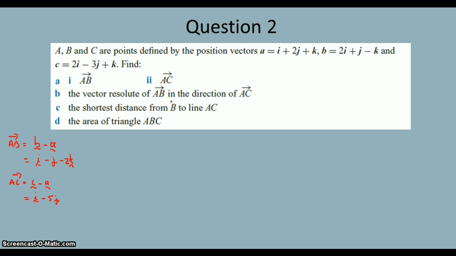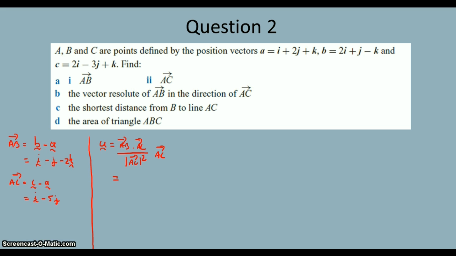For part B, we need the resolute of AB in the direction of AC. So I'm going to label that vector U. So vector U is equal to, using our formula, AB dot AC over the magnitude of AC squared, multiplied by vector AC.